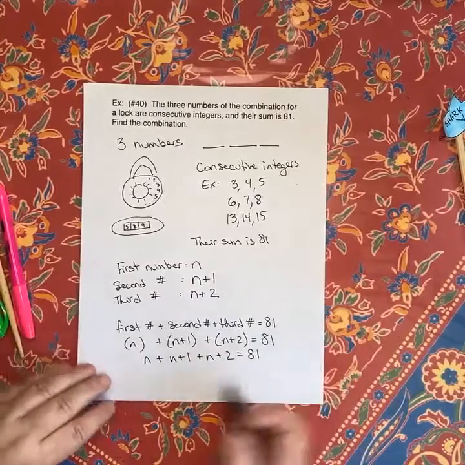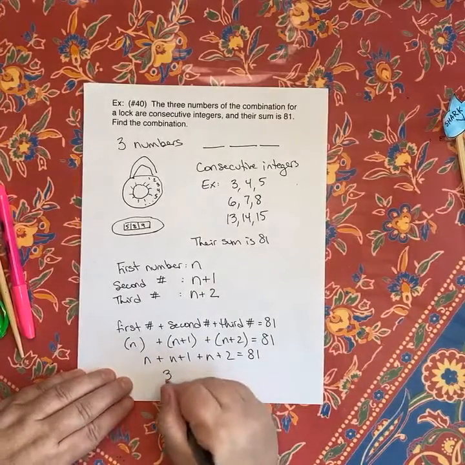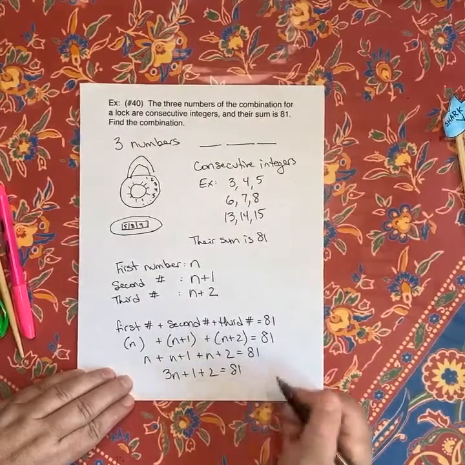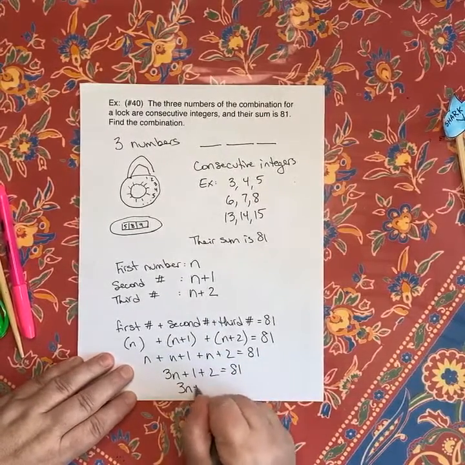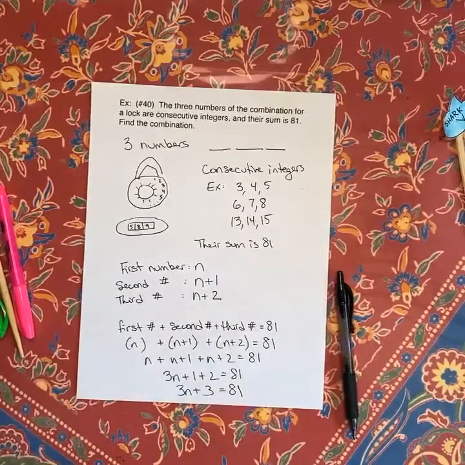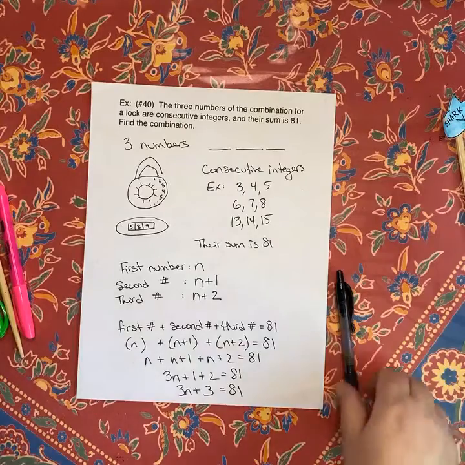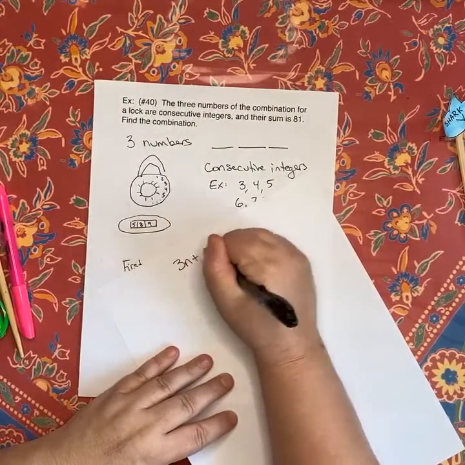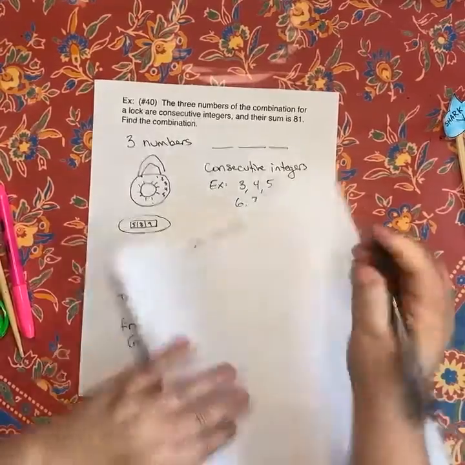We can combine like terms. 3 n's plus 1 plus 2 equals 81, or 3n plus 3 equals 81. Let me grab some more paper. 3n plus 3 equals 81.